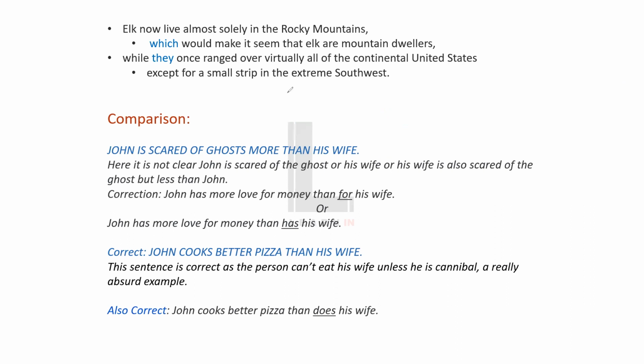So let us see this again. The climate or weather of Delhi is more pleasant than Mumbai.